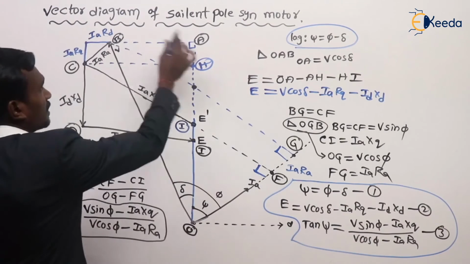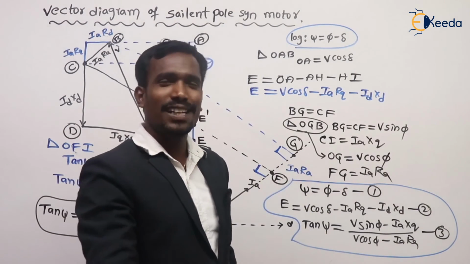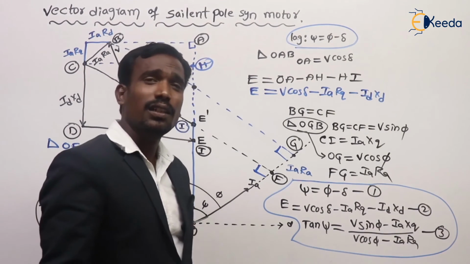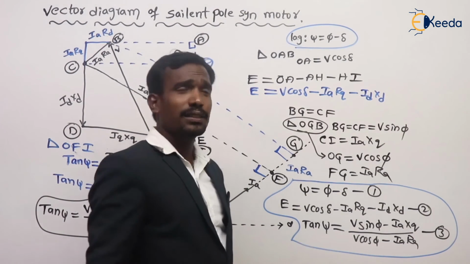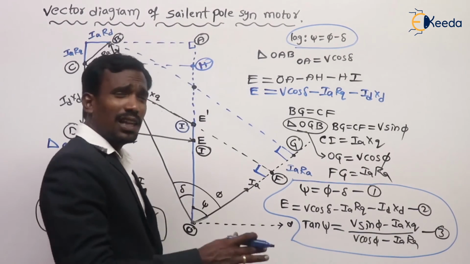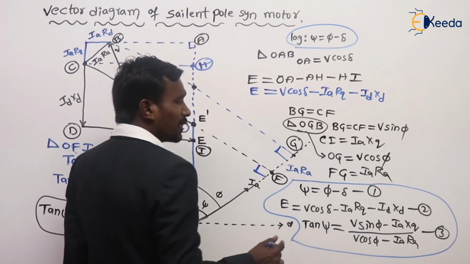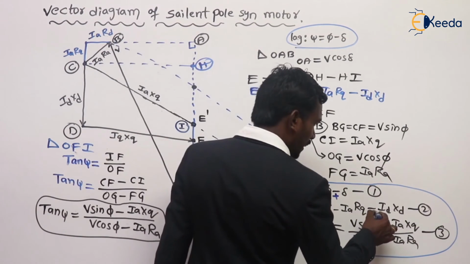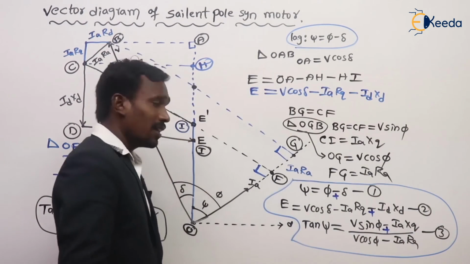For these three equations, I drew this vector diagram. You know already, this is very difficult actually. Of course, I tried my level best to give you clarity. So finally, you should remember these things. For example, this is for lagging load. Just draw the diagram for leading load yourself. If you draw it for leading load, you get plus here, plus here, and plus here.